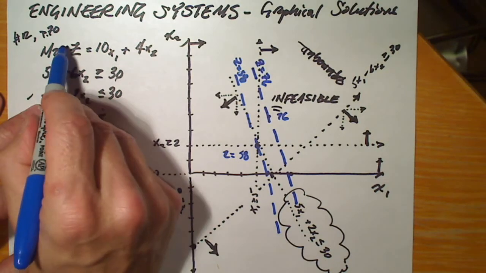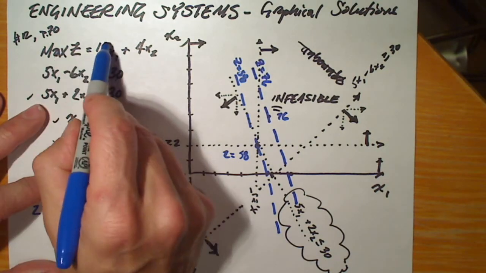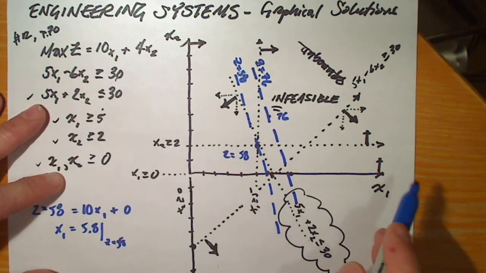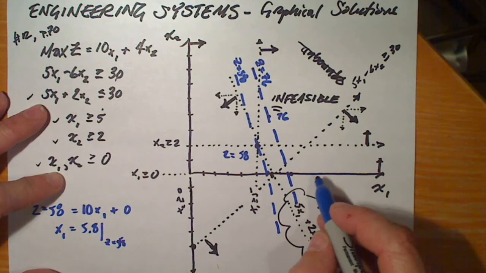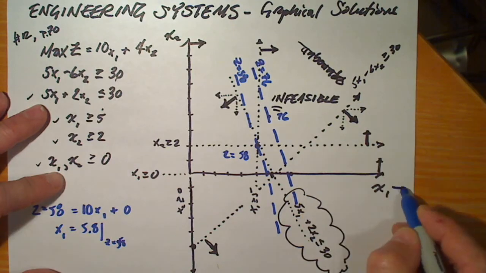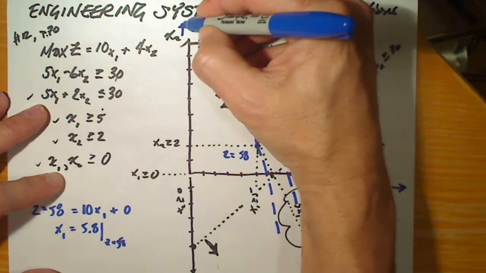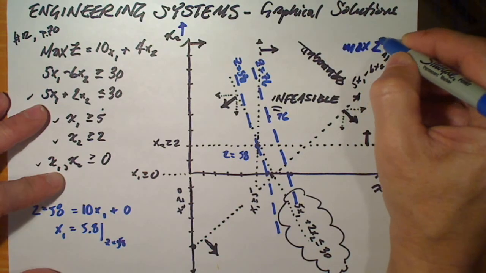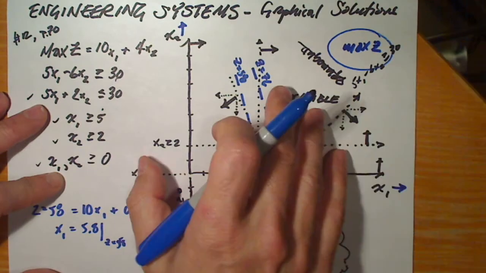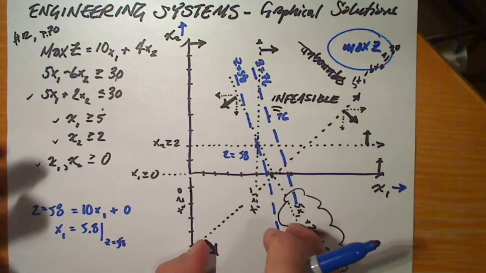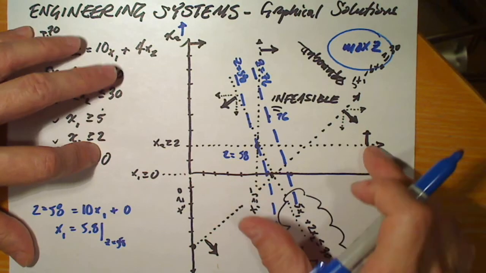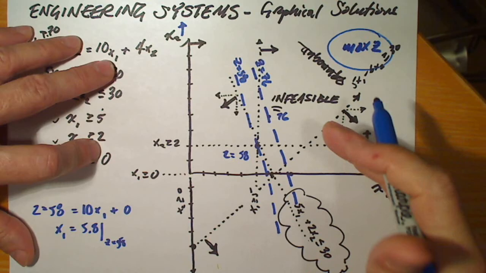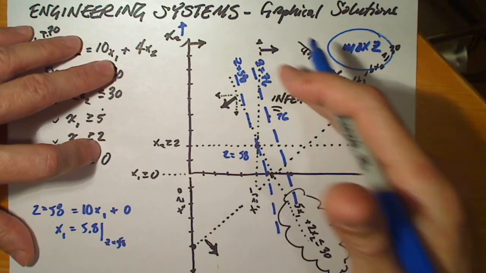Remember, we want to maximize z, and both terms in the objective function, x1 and x2, are positive. What that leads us to believe is that z will always be increasing with x1 and x2 increasing. The max z will be found up and to the right. As these constraints are plotted, we don't have any extreme points which bound what would have been a feasible region if there was one.